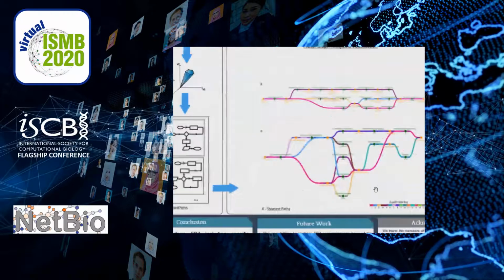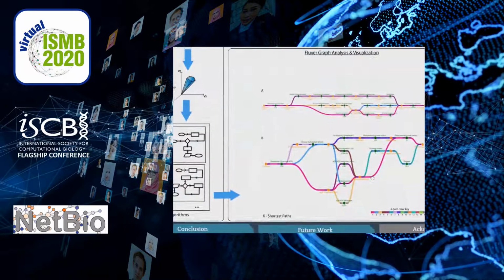The next graph that Fluxer is able to generate is the k-shortest paths graph. And these are, as the name indicates, the k-shortest paths between the user-selected source and target node, which could be reactions or metabolites or both.